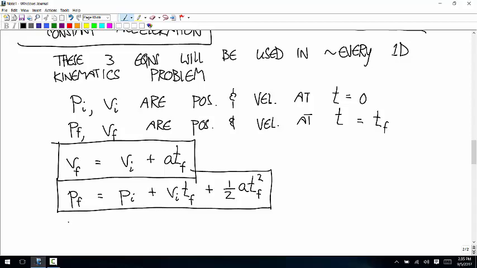And the last one says 2A times the quantity P final minus P initial is equal to V final squared minus V initial squared.